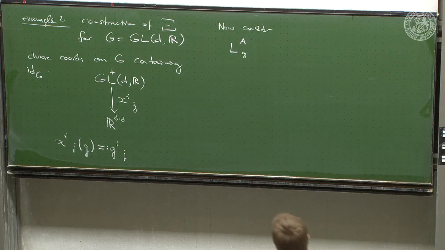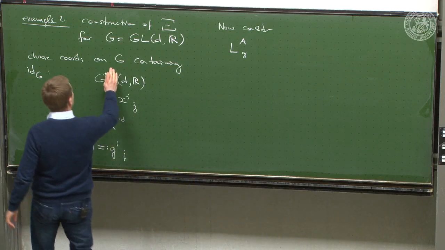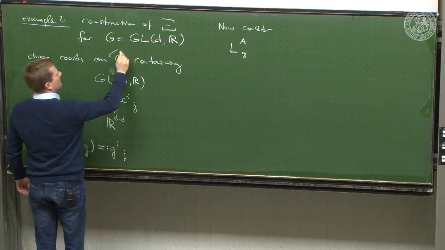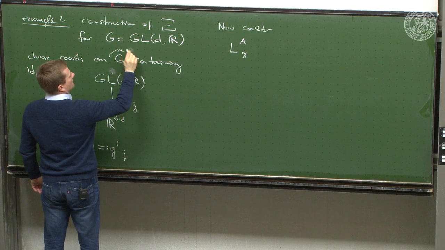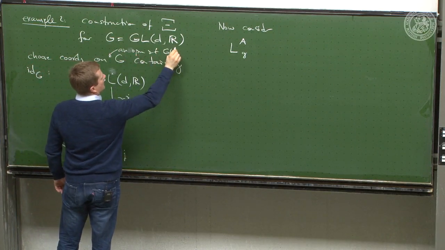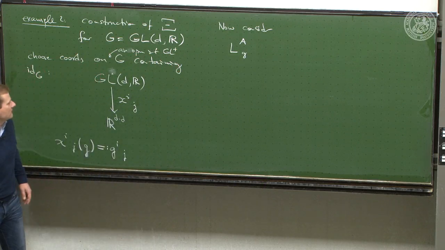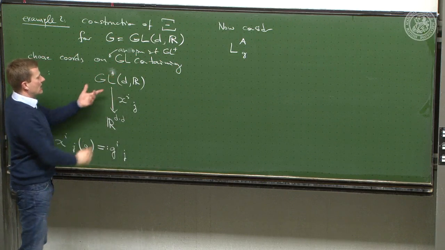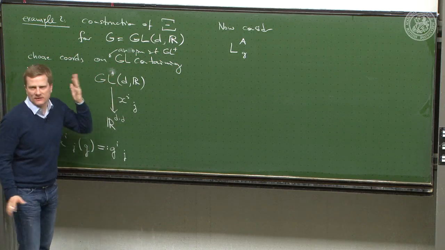Choose coordinates on an open set, a chart domain GL+(d, R), containing the identity.